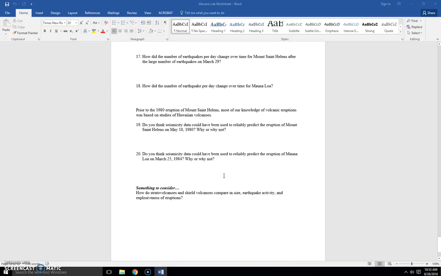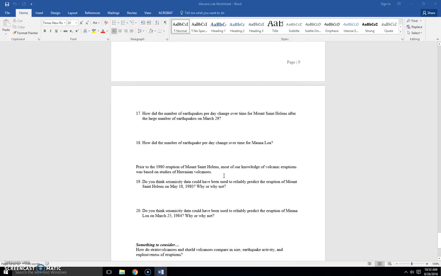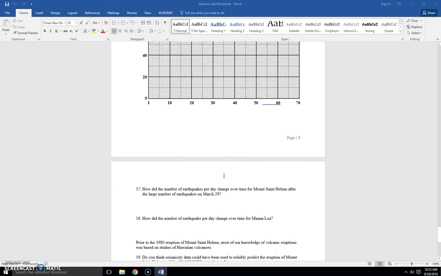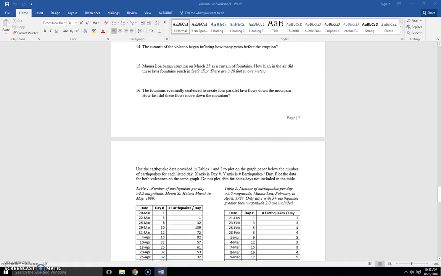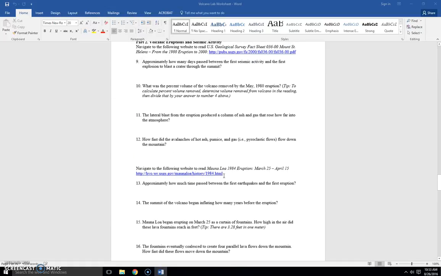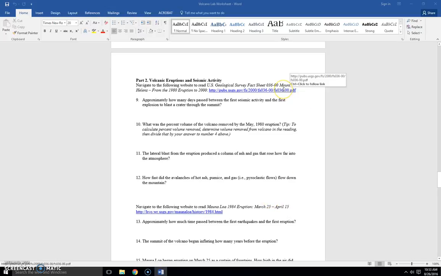And there are some questions for you to answer, and you submit your answers via the online quiz. Here are some links to go to get some more information about the volcanoes themselves.